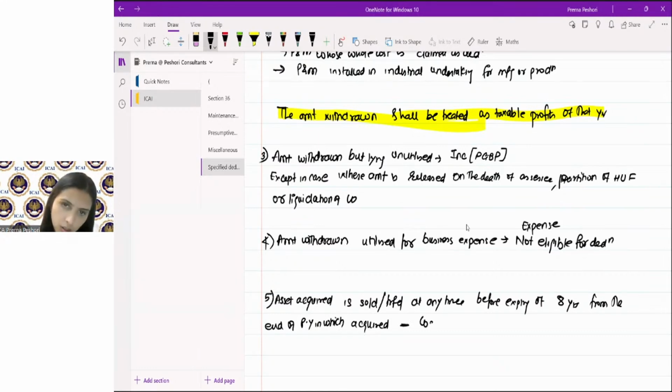So, cost allowed as deduction becomes PGBP in the year of transfer.